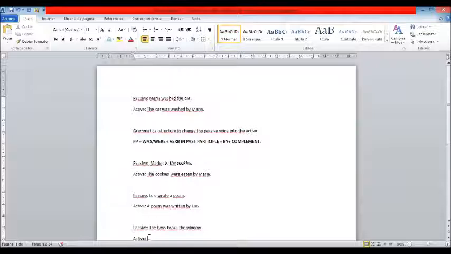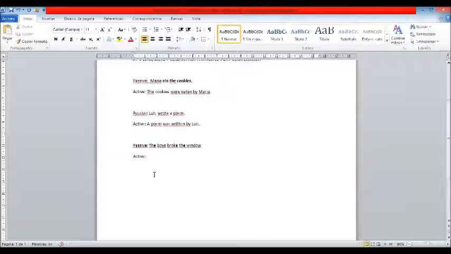The boy. How do we change it into the active? The window. Where? Are you sure? If in this case the windows have an S, it will be were, but you have window in singular.